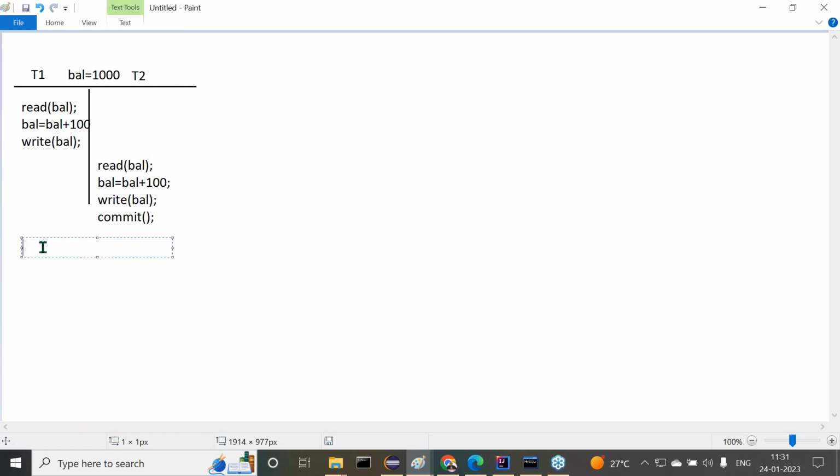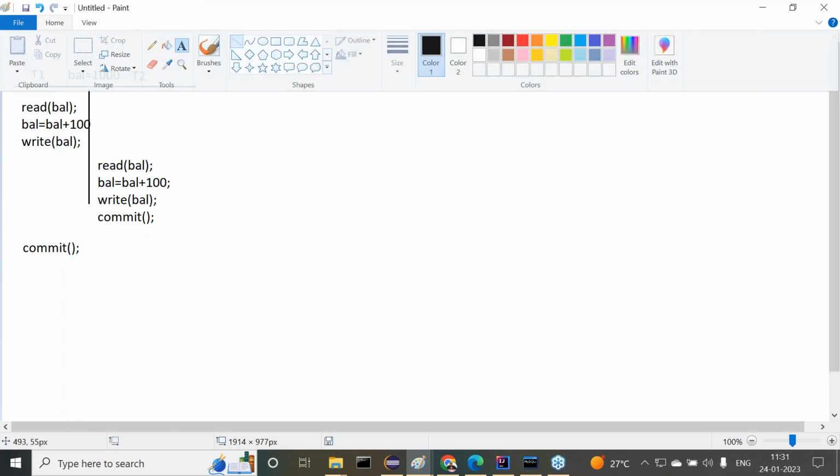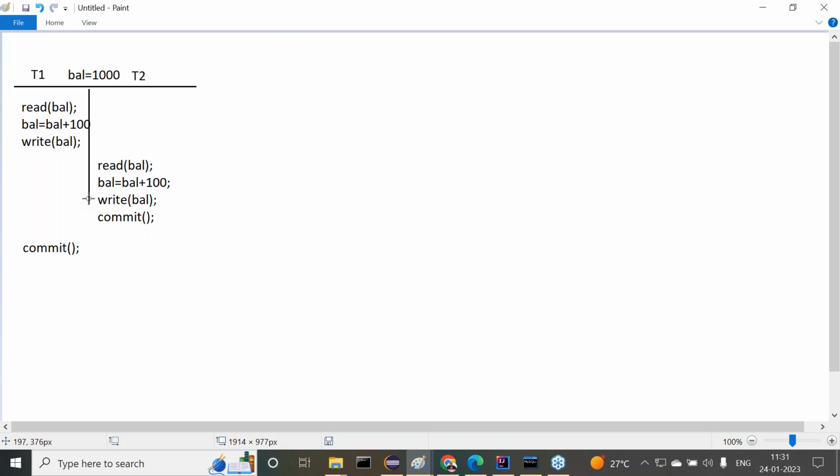After T2 commits, T1 performs its commit operation. Now tell me guys, whose transaction results are stored into the database? Who performed the first commit? Those operations are stored into the database permanently.